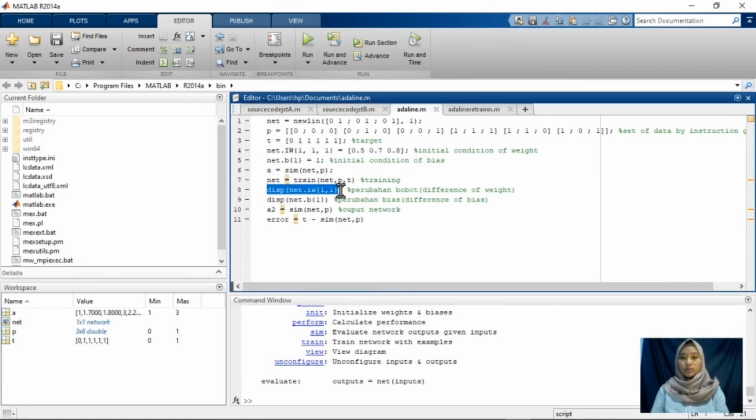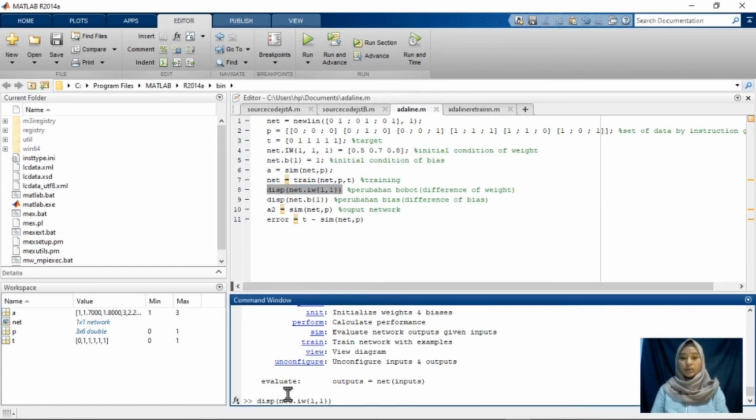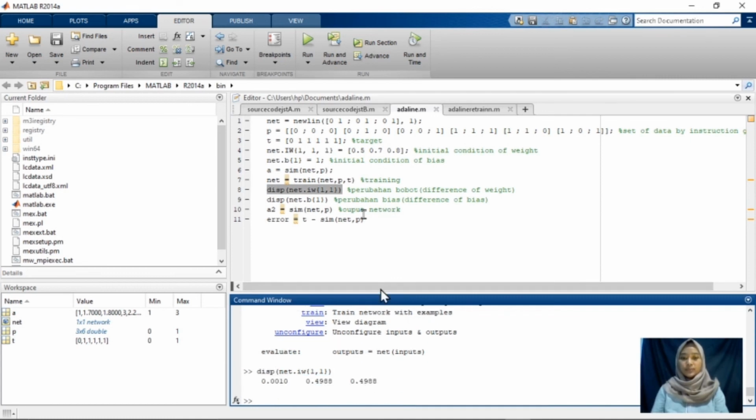And then, to know the difference of weight, you can use this function, and the result is this.